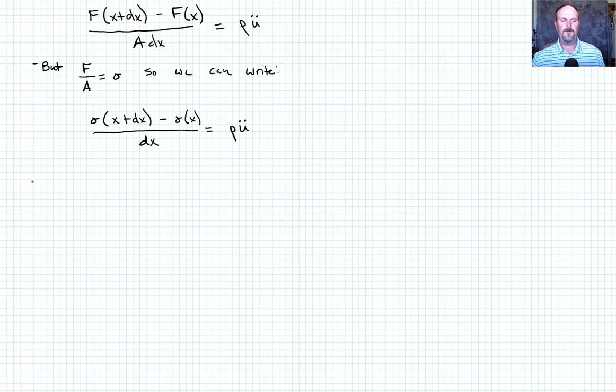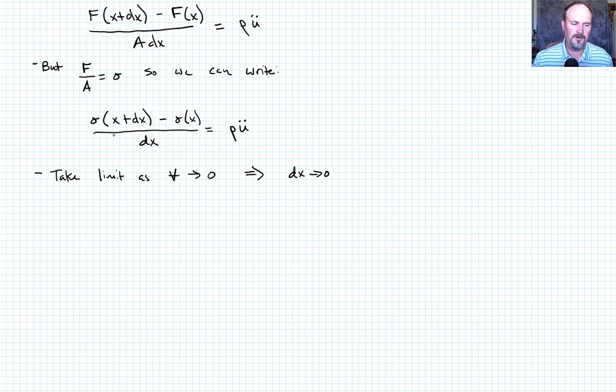Now we just take the limit as the volume goes to 0, which is going to imply that dx goes to 0. What does this term look like when dx goes to 0?